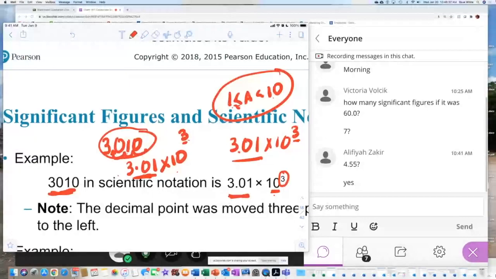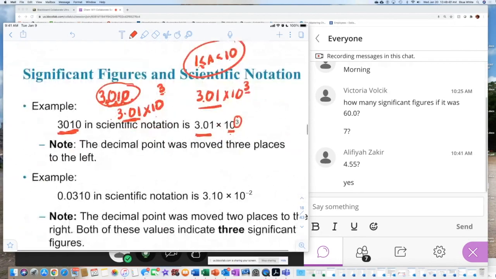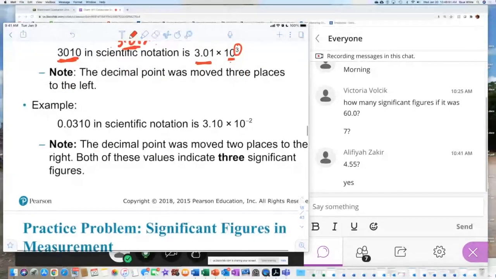So if you're still uncomfortable with this, just plug in whatever you have in scientific form in your calculator, press equal, and convert it to a regular number. It will show you the number, and that will give you a little more confidence about what you're doing. I know some of you have math anxiety and then chemistry anxiety, and it all kind of compounds together, right?